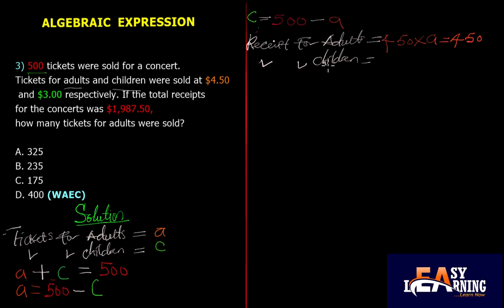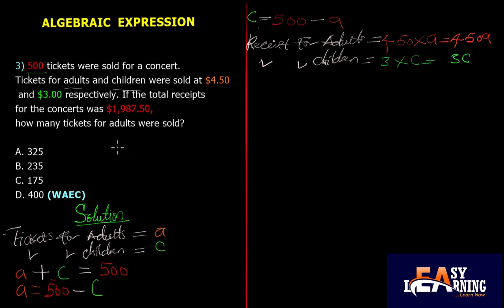Now we are told that each ticket is $3. So 3 times the number of children that bought it, which is C, will give us 3C. This is 4.50A. Let's add that A so we don't mix it up.